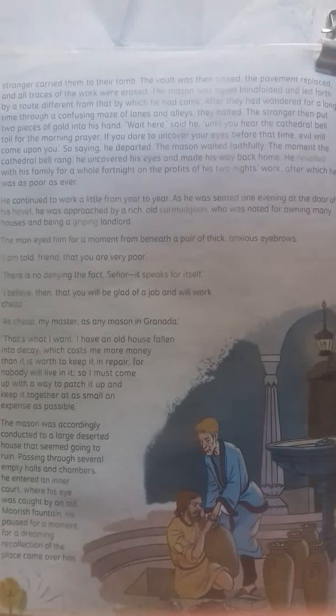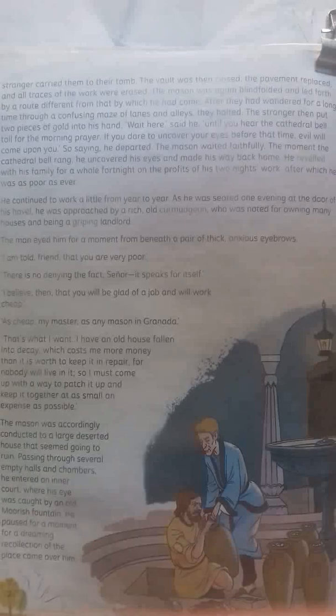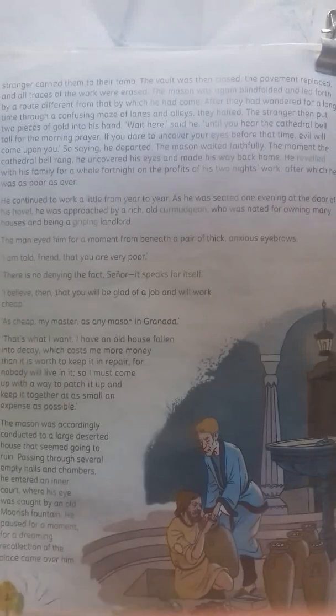He entered an inner court where his eyes were caught by an old Moorish fountain. So as he passed through that big house, he came near to an old Moorish fountain.